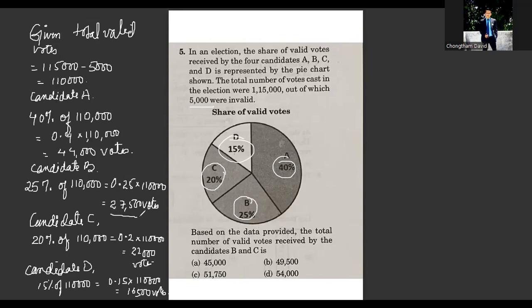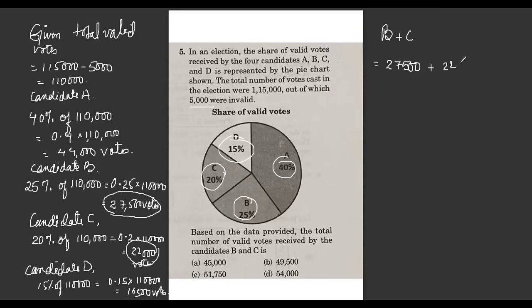Now, the total number of valid votes received by candidates B and C together would be 27,500 votes plus 22,000.